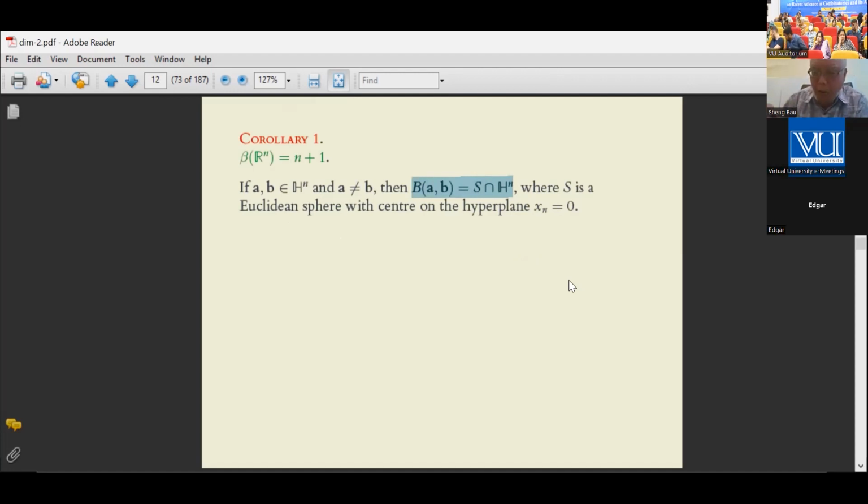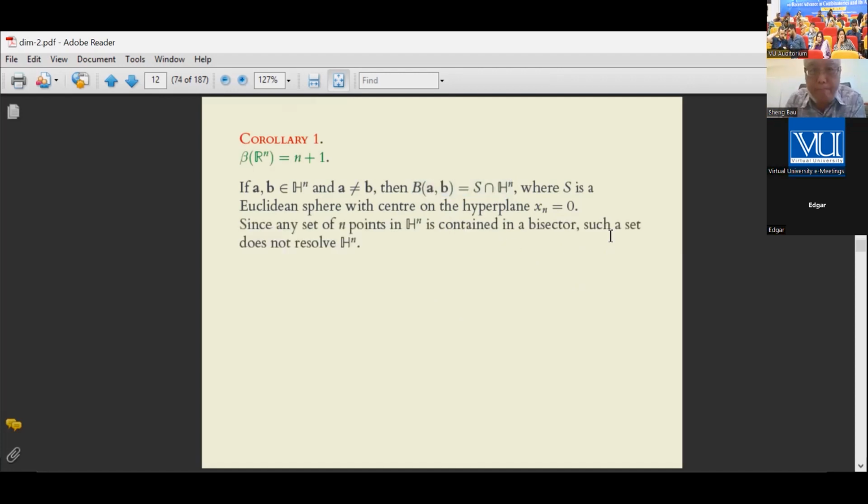Remember that in the hyperbolic Poincare model, that plane is not included in the space. But the center of this sphere is on that plane. So it's a semi-sphere. In the two-dimensional hyperbolic plane with the upper half plane model, you can see that the bisectors are semicircles with centers on the boundary, which is not included.